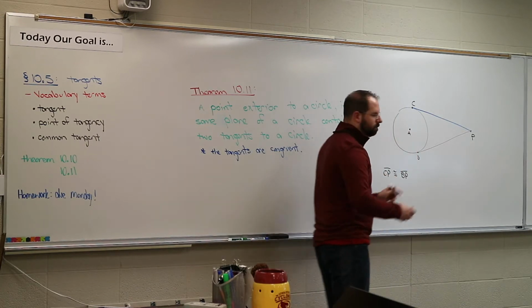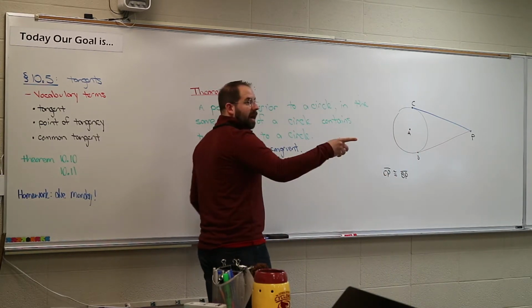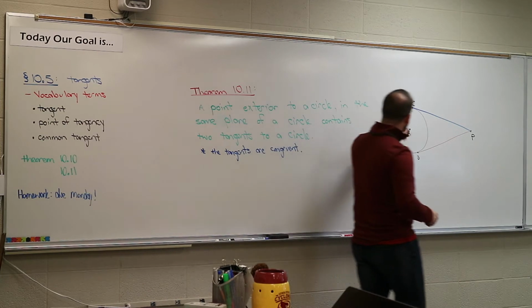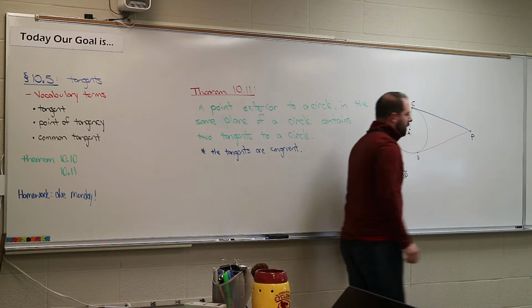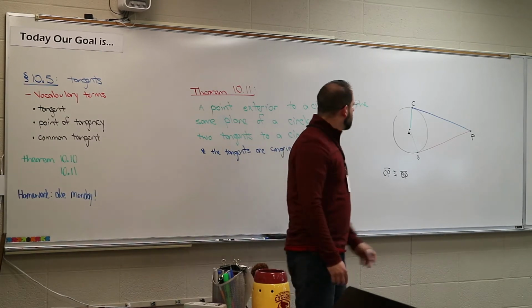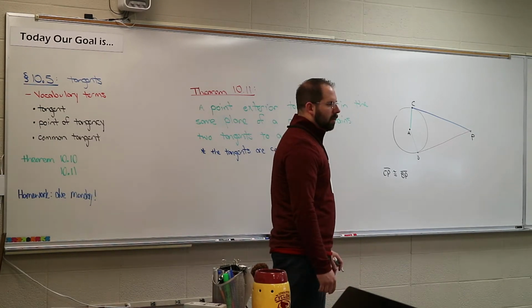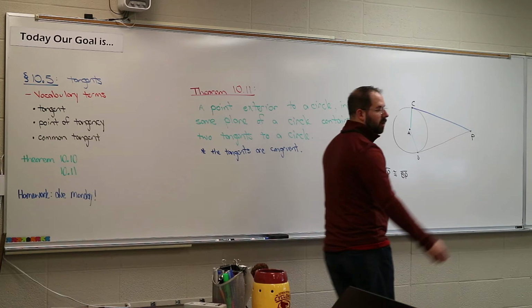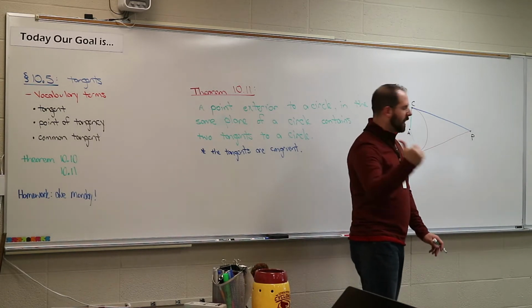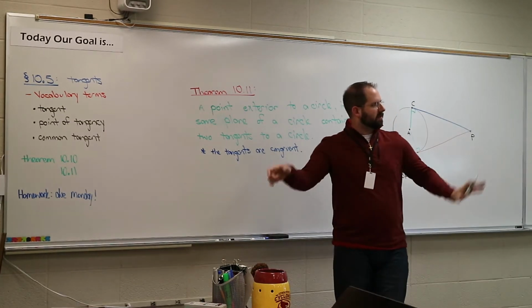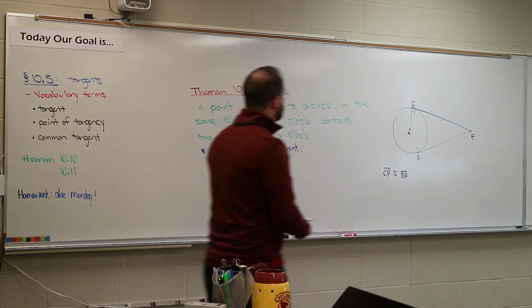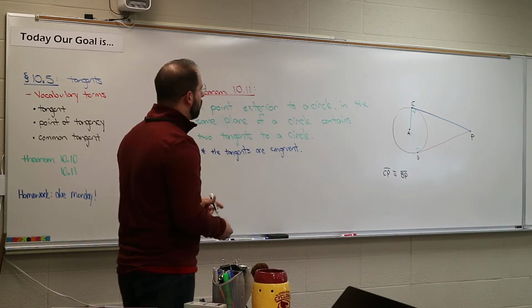That's what we're going to try to show. All right, how do you do this? You draw a radius right there, and you draw a radius going from A to B, because A is the center. Okay, boom. So according to the last theorem, 10-10, these have to be 90s. You have right angles at the point of tangency.